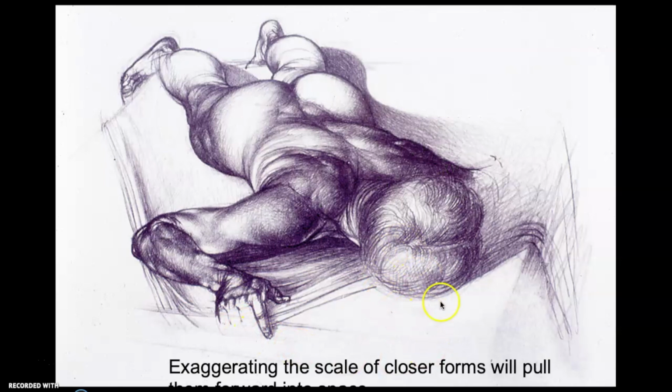And again, to exaggerate and stack the body parts that you see. So here we have the skull closest to us, so that should be drawn larger. And then as the body recedes into space, the aspects of the body are stacked and diminish in size.